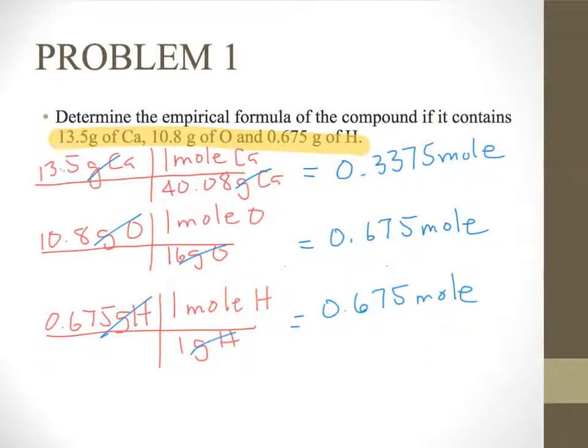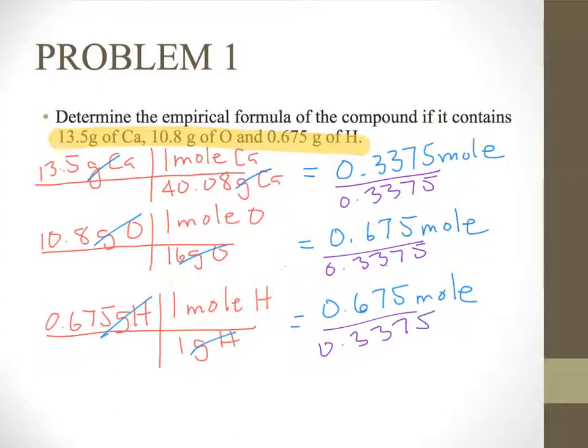Now, the next step is to divide these moles by the smallest mole. So in this case, 0.3375 mole is the smallest number. So I'm going to divide all three of these numbers by 0.3375. That will give us 1, 2, and 2.